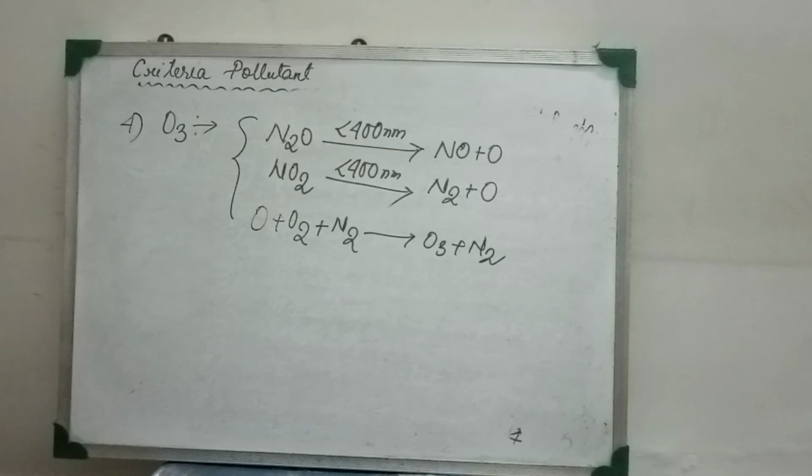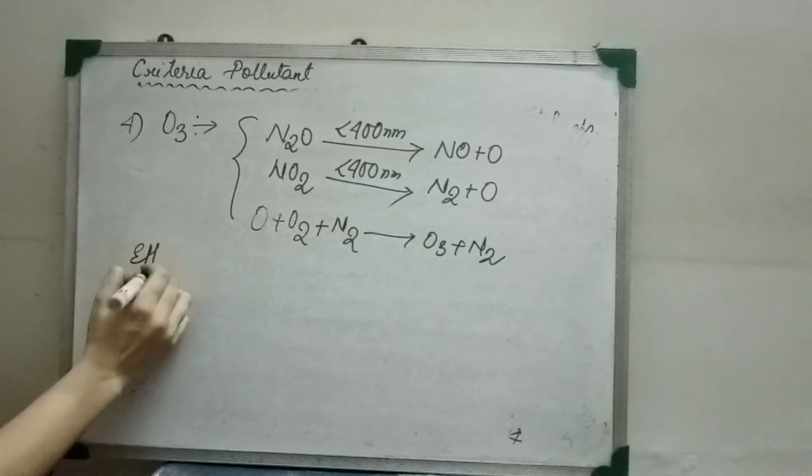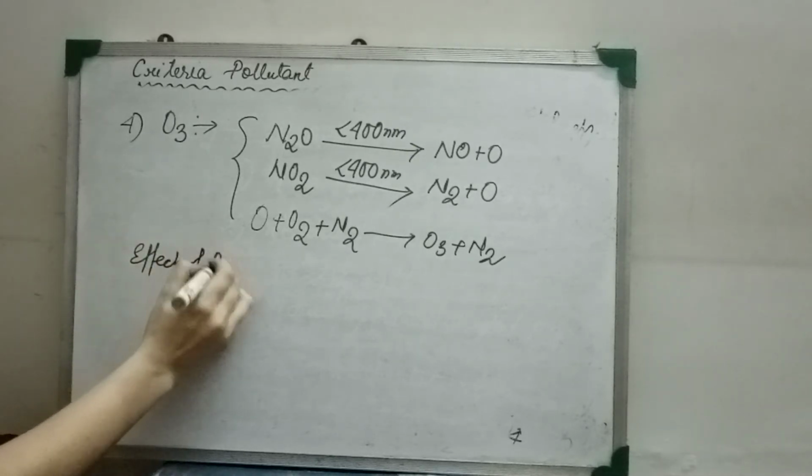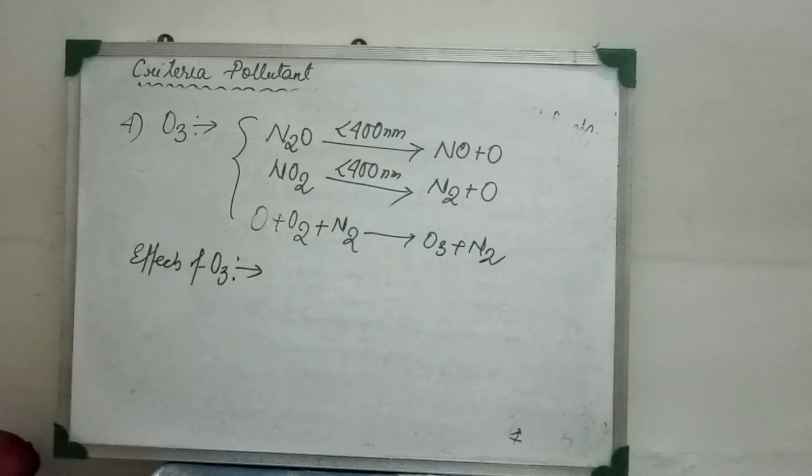So this is one of the processes for formation of ozone and a source of ozone. So the primary pollutant chain reactions are the sources of ozone formation, and then we will see the effects of ozone. Ozone has many effects, and along with the other photochemical oxidants it causes irritation of eye, nose and throat. It can reach much deeper into the lungs even than oxides of sulfur.